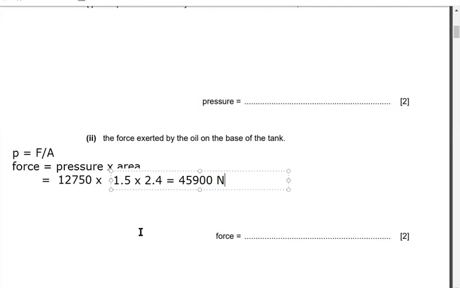So pressure equals force upon area, force equals pressure into area, and then it will be 12750 into 1.5 into 2.4, that is equal to 45,900 newtons. Clear with this? Let's go ahead.